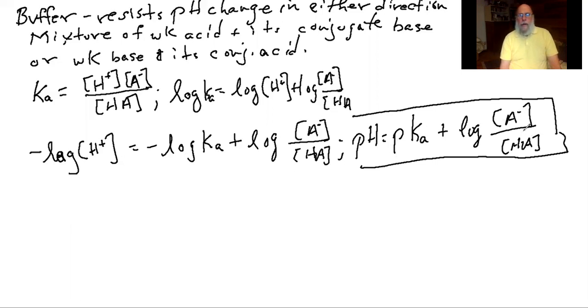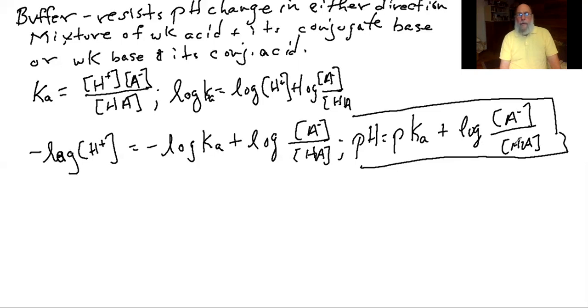So, a couple of things about this. Notice that if the base and acid form, that is, let's say acetic acid and sodium acetate, or ammonium ion and ammonia, or any pair of acid and its conjugate base, if those two are equal, then that's the log of 1, which is 0. So when these are equal, the pH equals the pK of this acid here in the denominator.